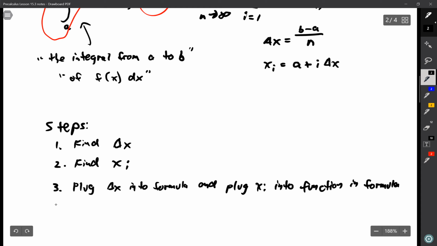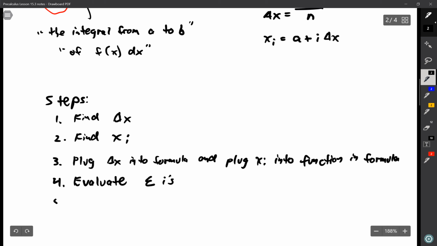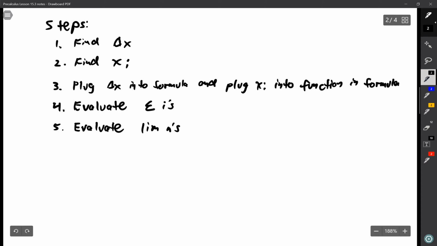Next, evaluate the sigma of the i's, and then evaluate the limit of the n's. Okay? So let's do an example, and hopefully the example will help a lot.